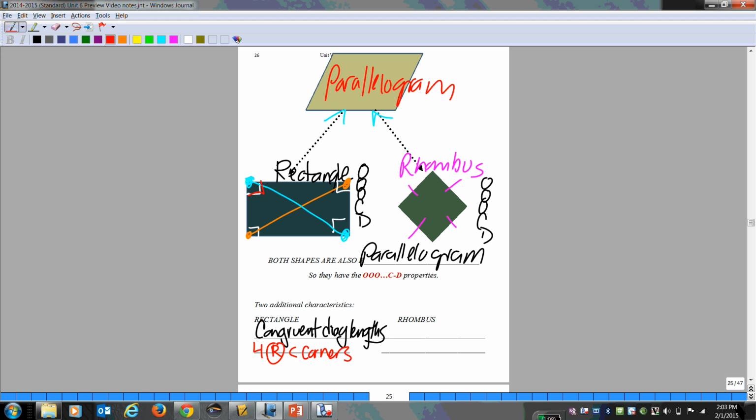Now, what makes a rhombus unique, besides the four equal sides, is that the diagonals, when you draw them, actually bisect the corner angles. That doesn't happen in any old parallelogram or any old rectangle. So it actually cuts these corners in half.